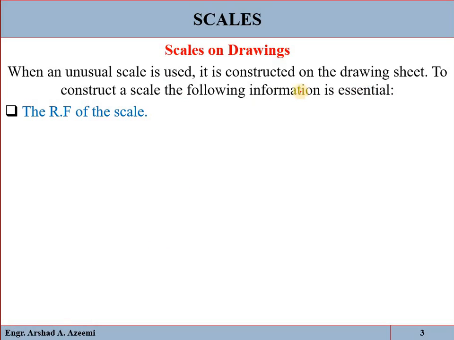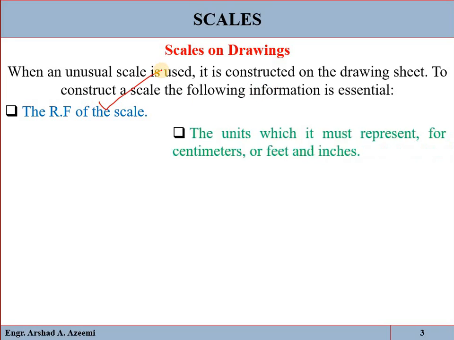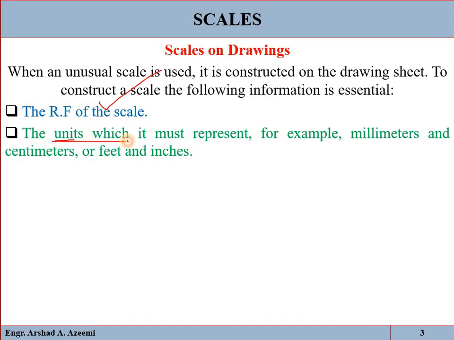When you are constructing the graphical scale, first you have to know the representative fraction of the scale. You will have to know the units it must represent, whether it is the metric system or the FPS system.